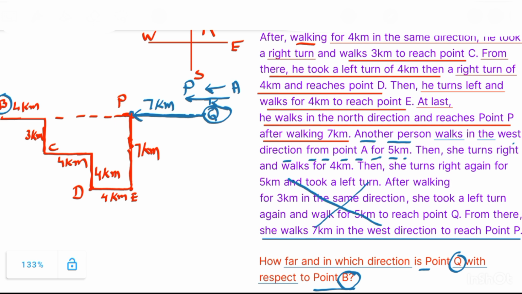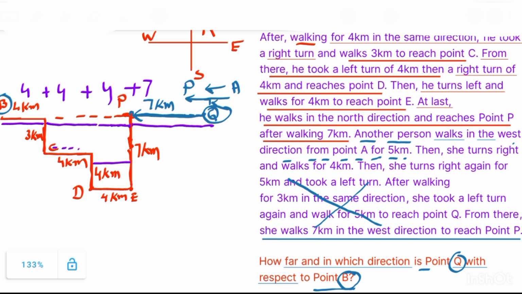So from here to here this is 4 kilometer, and from here to here this is again 4 kilometer. This is 4. Now from here to here this is again 4 kilometer. So 4 plus 4 plus 4. Now from here to here this is 7 kilometer.